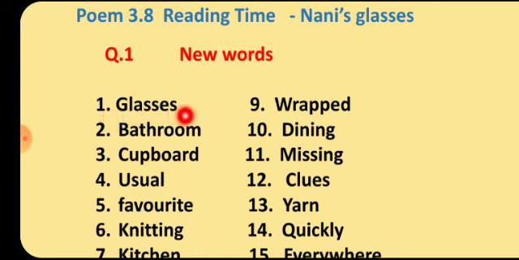The first one is GLASSES, glasses. Glasses means chashma. Next is BATHROOM, bathroom. You know the meaning of bathroom, where we take the bath. Now the next is CUPBOARD, cupboard. Cupboard means the place where we keep the things.